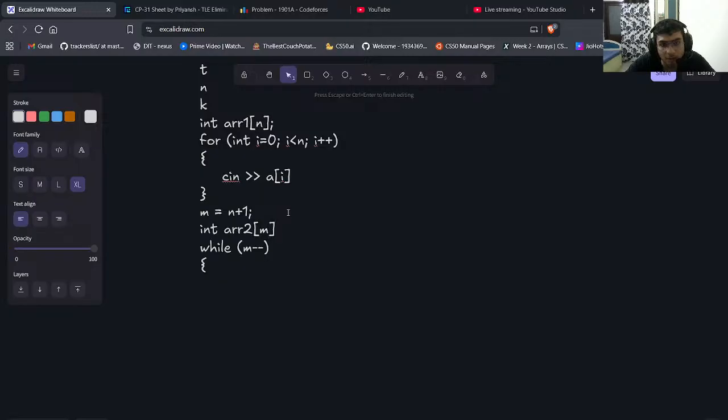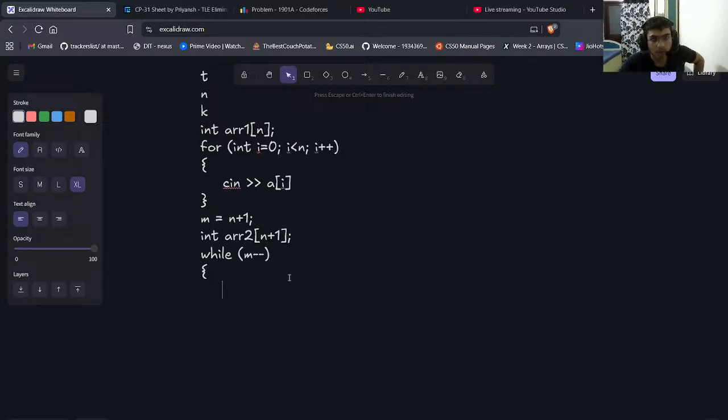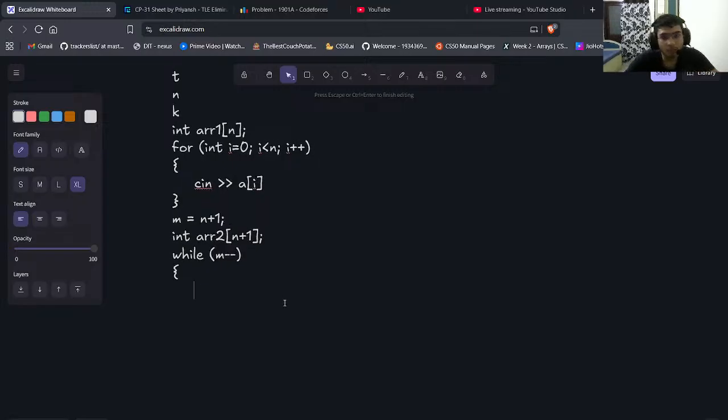Or will it interact with it? Because I am reducing m, let's just keep it n plus 1, because I am not touching n plus 1. So I think this should just stay as it is. Okay, so let's do it.